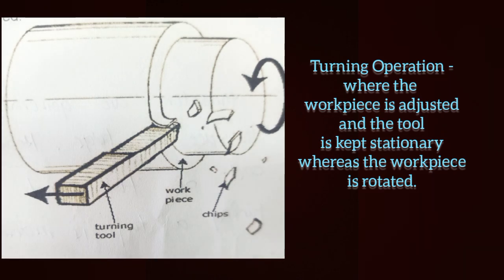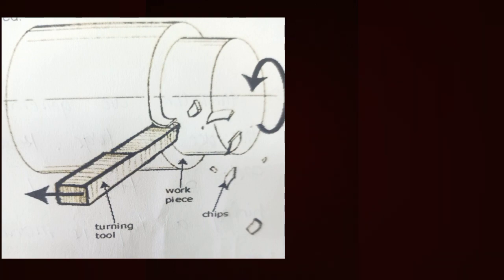Again, in this turning operation, metal is removed from the workpiece outside its diameter using a cutting tool. They are designed for turning operations and they help in cutting the metal in the most precise way.